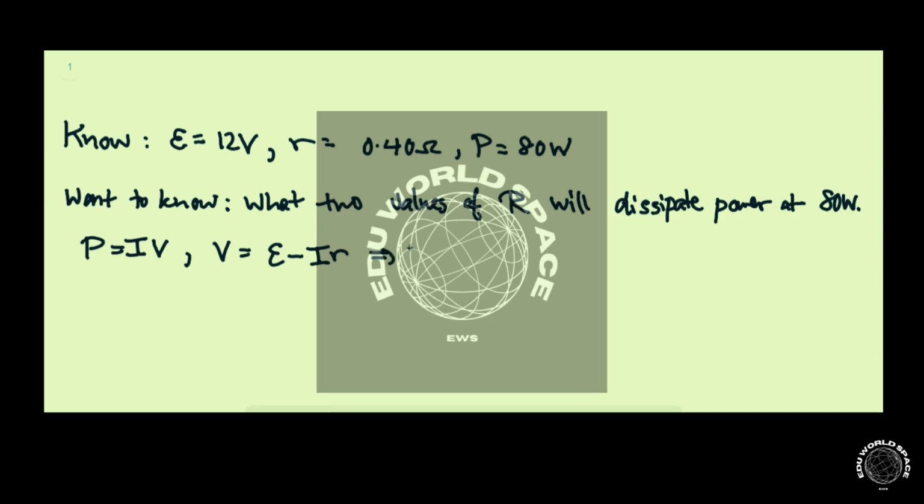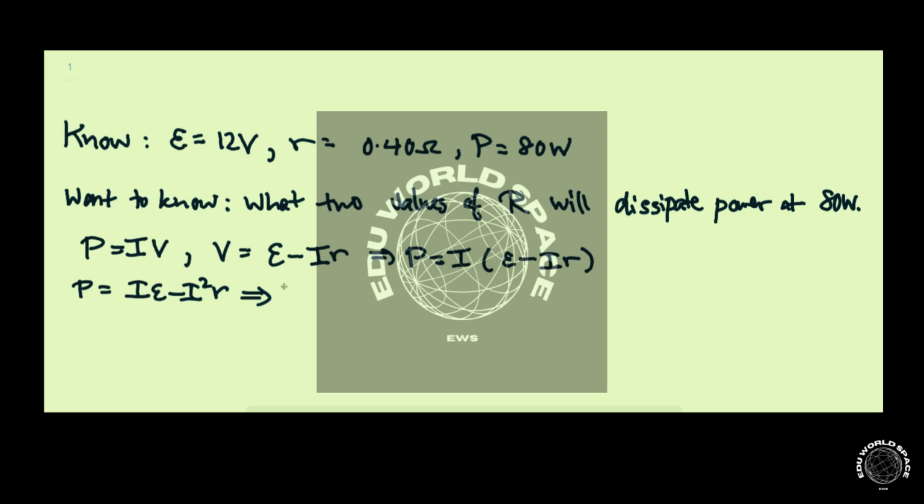So we have that the power is I times E minus IR. Okay, and we get that P is equal to IE minus I squared R.